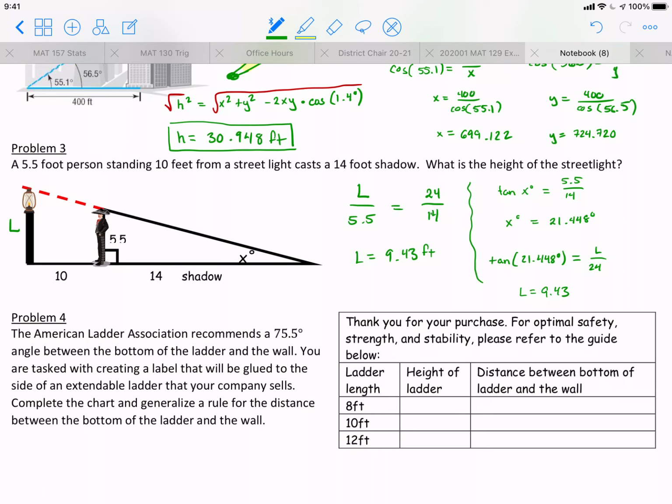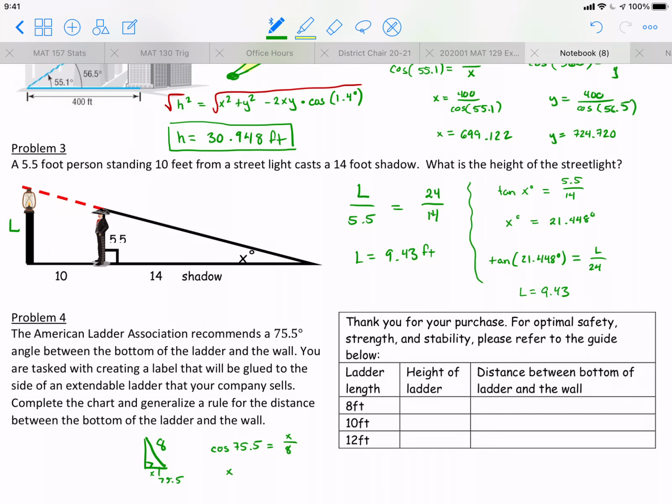So if the ladder length is 8, and remember this angle is 75.5, the distance between the bottom of the ladder and the wall, so that's this distance here, right? It's a cosine problem. So cosine of 75.5 equals adjacent over the length of the ladder.